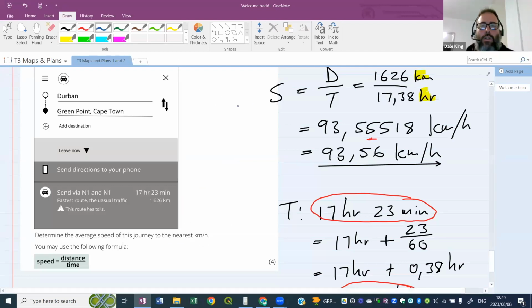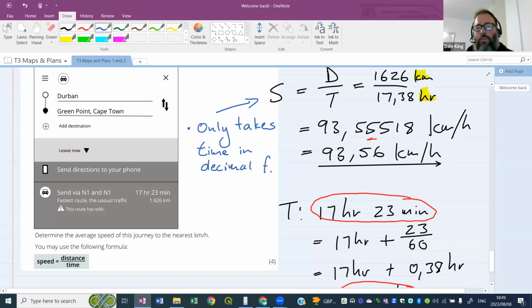This formula here, number one, only takes time in decimal format.